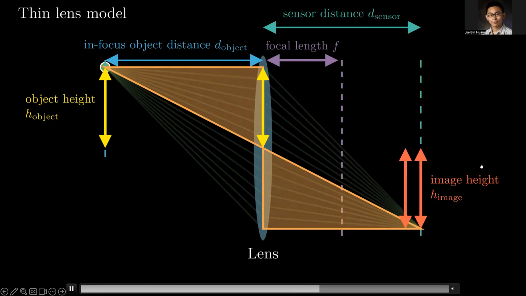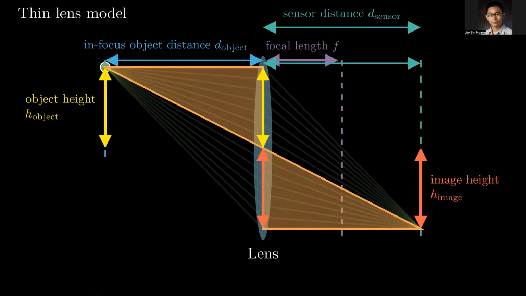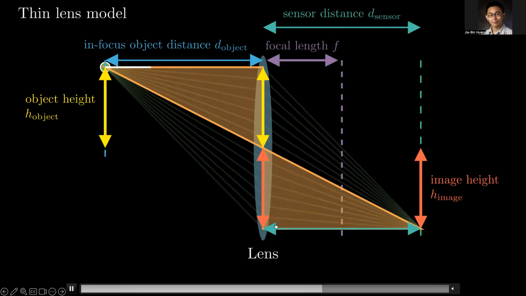This triangle is similar to this triangle. So the magnification between the image height and object height is basically related to the sensor distance and object distance. We'll use this later on.